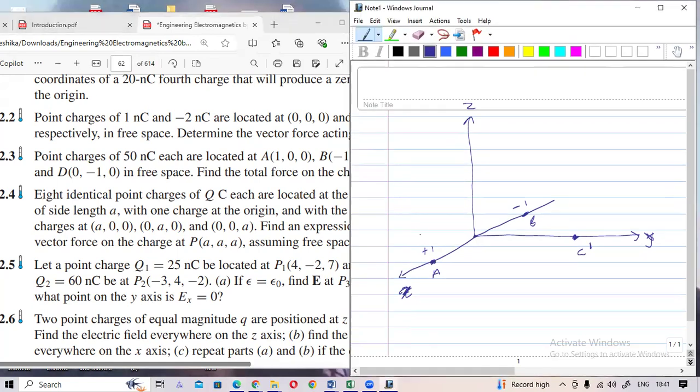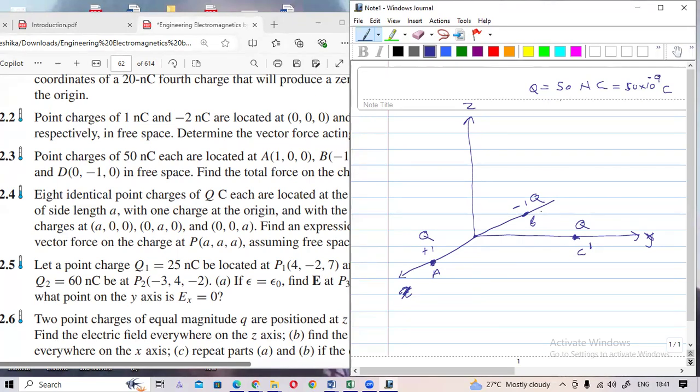So here you have a charge, I will write it as Q. Here also you have a charge Q, here also a charge Q. That Q is equal to 50 nanocoulomb. 50 nanocoulomb means 50 times 10 to the power -9 coulomb, since nano is -9. So this is your charge value.